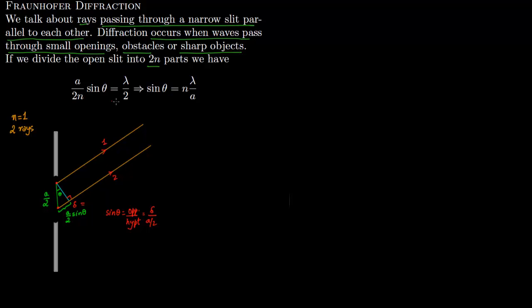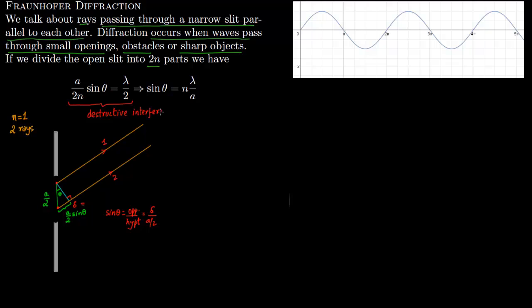So you can say there is destructive interference when this condition holds. This is called destructive interference when a by 2n sine theta is equal to lambda by 2. Now why is this so? Say this is sine theta in blue, and this is our wavelength right here.